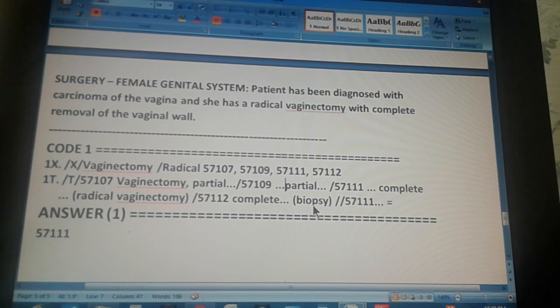Biopsy. Biopsy, right? We don't have that in our text. There wasn't a biopsy in this case. So we throw that away. We don't need that code. So we have to go back. The 2 forward slashes mean go back to the code 57111, right? Right. And the equal sign at the end means that we have a double check, and this is our code. So the code is 57111.